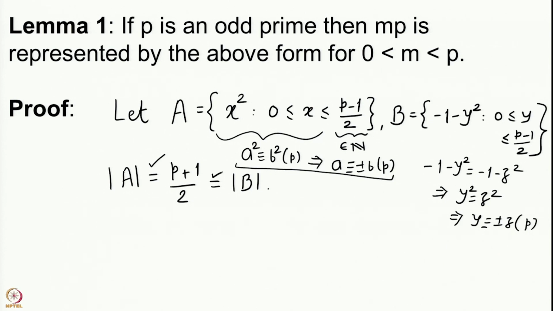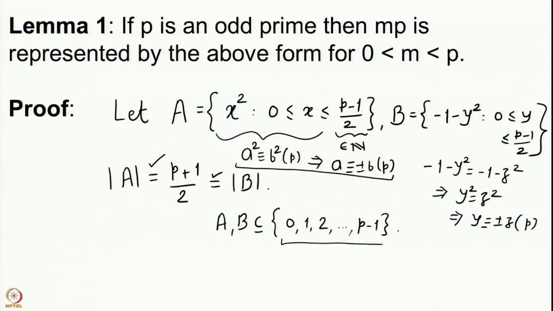Now, of course, both A and B, when you look at them modulo p, are contained in 0, 1, 2, 3 and so on up to p minus 1 modulo p, and both have (p+1)/2 elements. So, there has to be a common element in them.